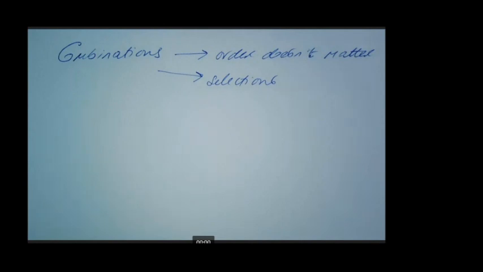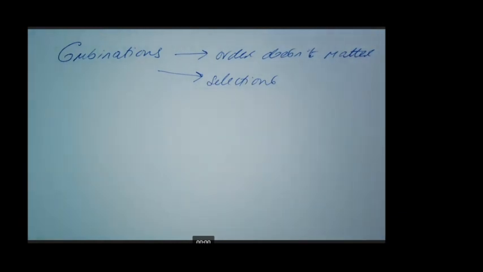And you want all the different possible groups and selections that you could make. If you're just picking 5 on the team, but you've got 20 people to choose from, the order in which you pick those people on the team doesn't matter. What matters is just how many different teams there are.